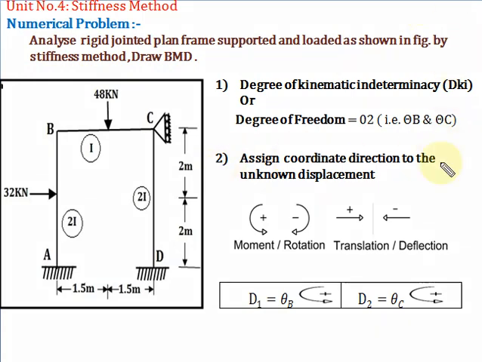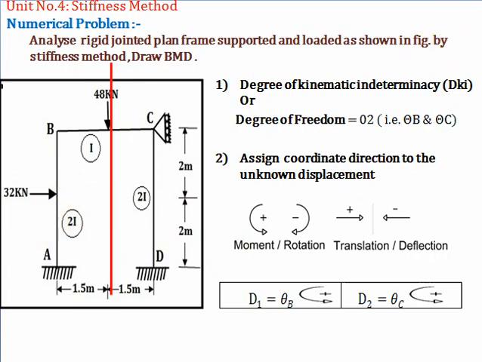So, when the numerical on the frames is given, first you have to see whether that frame is a sway frame or non-sway frame. So for that we'll take the vertical section. Now on the point load 48 kilonewton, we'll observe both sides.